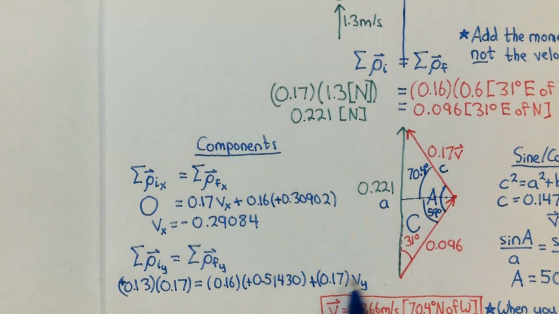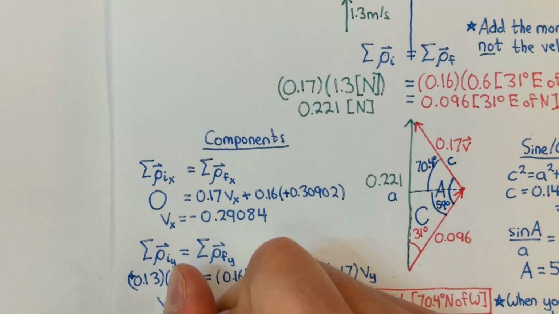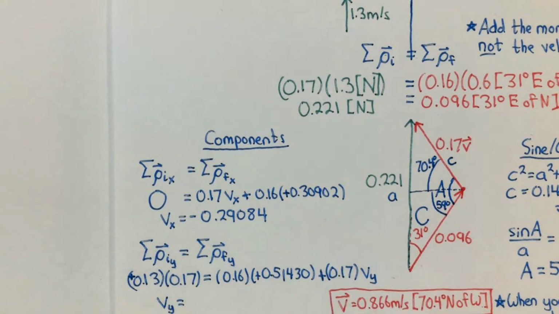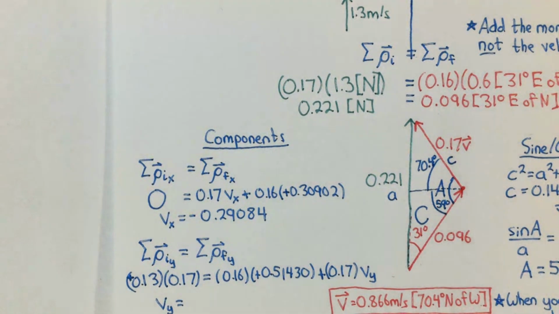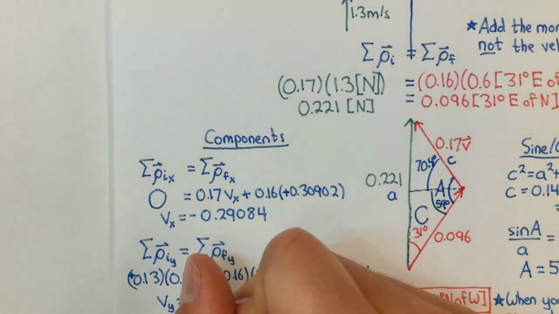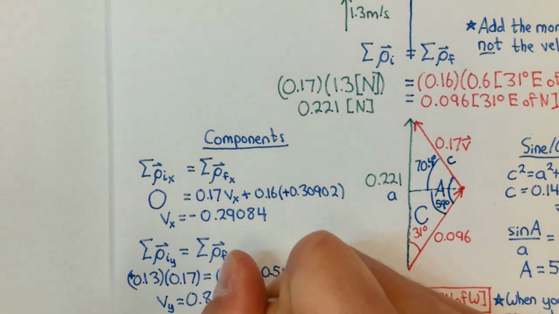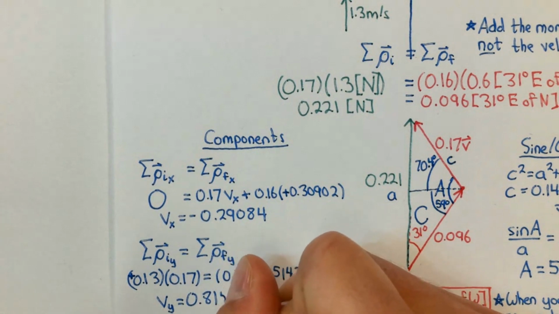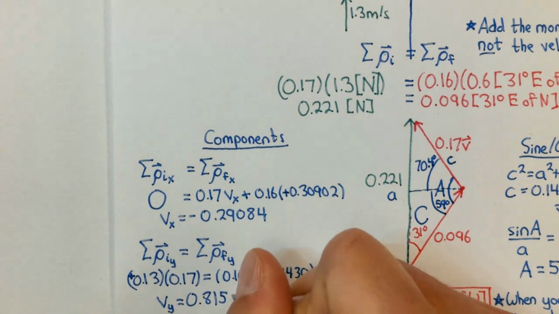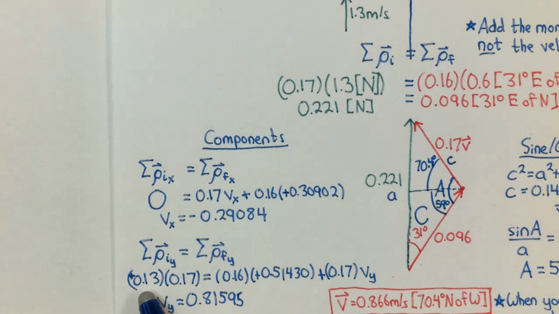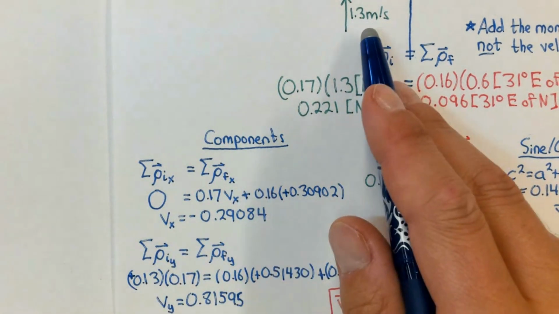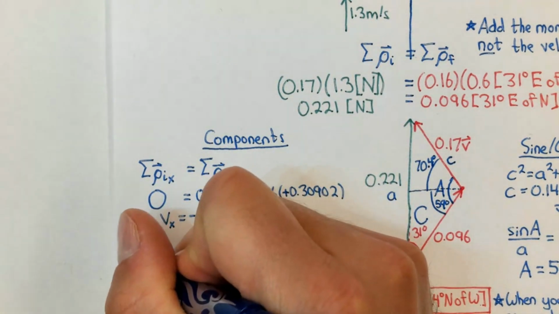Again, I can solve this for Vy to find out that the y component of the velocity is 0.81595. And I noticed when I was doing this that I made a little error up here. This 0.13 should be 1.3. So let's correct that now.